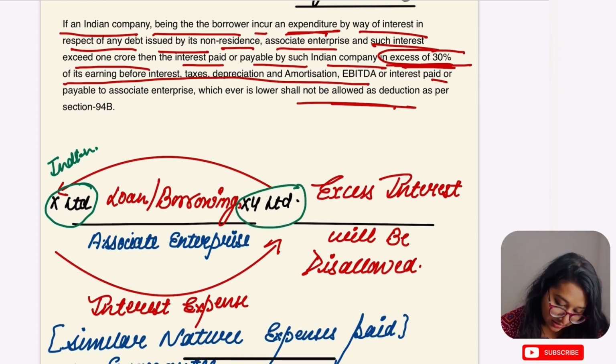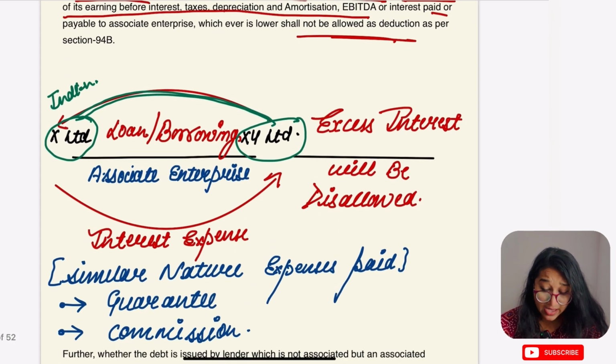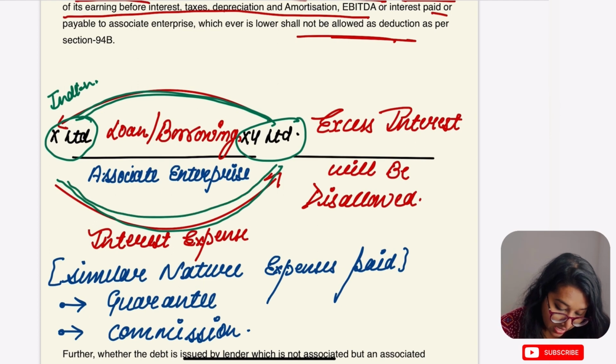XY Limited is a non-resident and an associate enterprise. XY Limited has given the loan to X Limited. And what is X going to pay here? Interest. In return, he is going to pay interest.